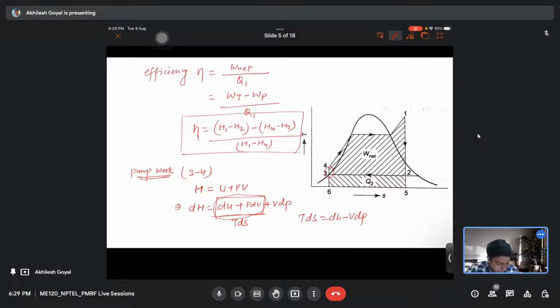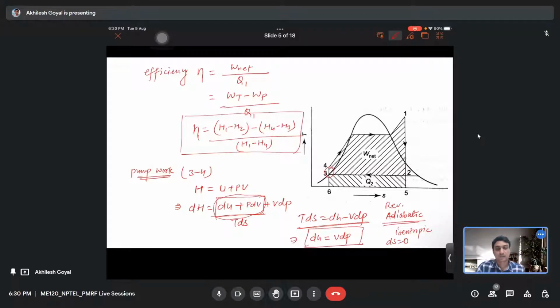So here this equation becomes TdS is equal to dH minus VdP, okay. And again, this is a reversible adiabatic process, so it is an isentropic process where dS is equal to 0, okay. So here we can write it as dH is equal to VdP.